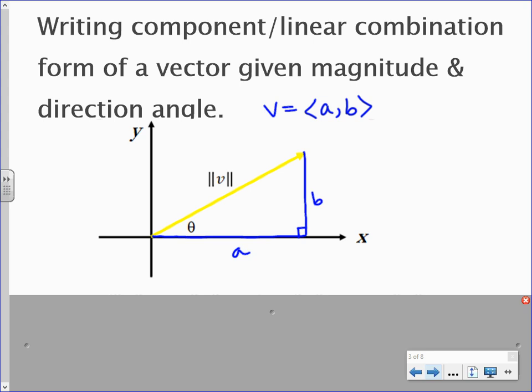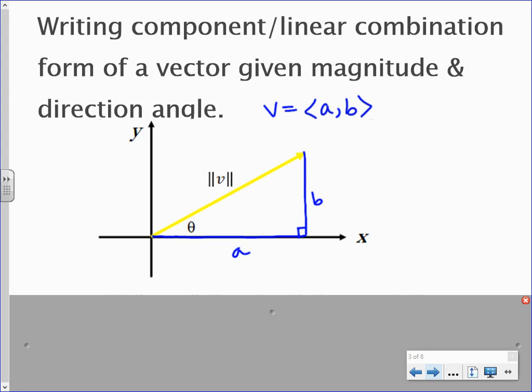We go over A, up or down B to draw our vector, right? On Thursday, we discussed using tangent, right? Well, what if we use sine and cosine?